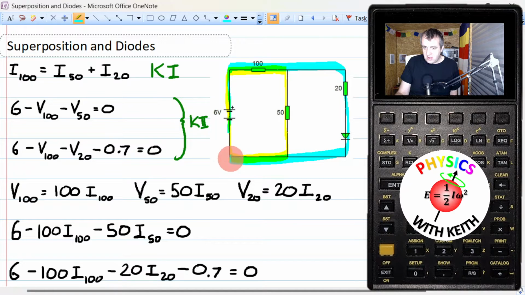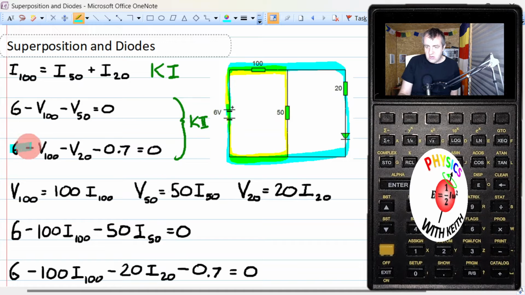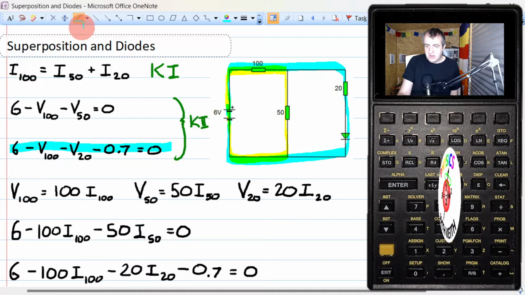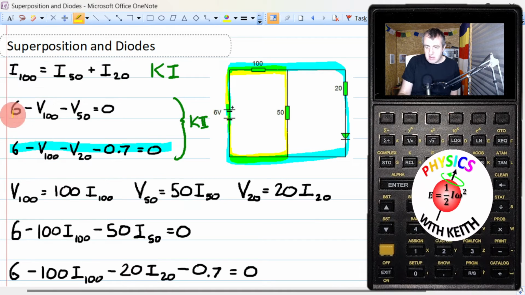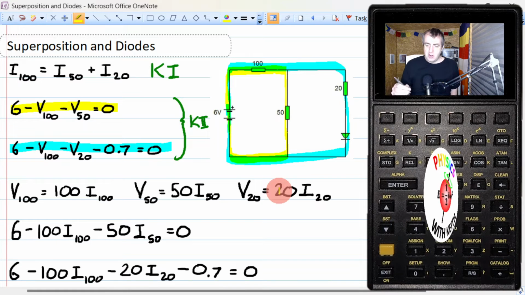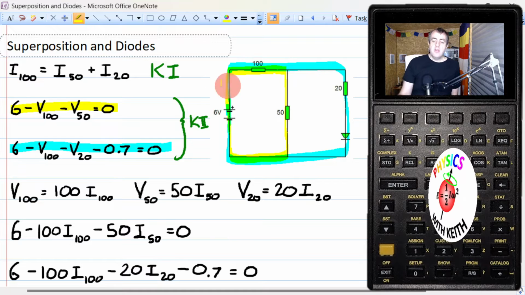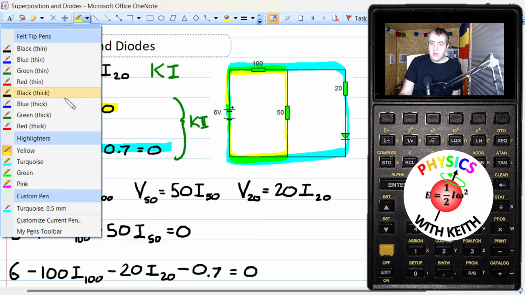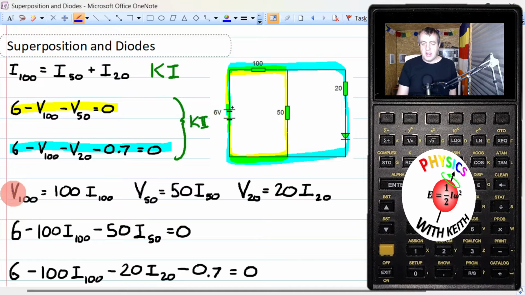And let's actually highlight the equations that correspond to each of these loops, because that might make it more helpful for someone to understand what's going on later on. So we're going to use our definition of resistance, V equals IR here.